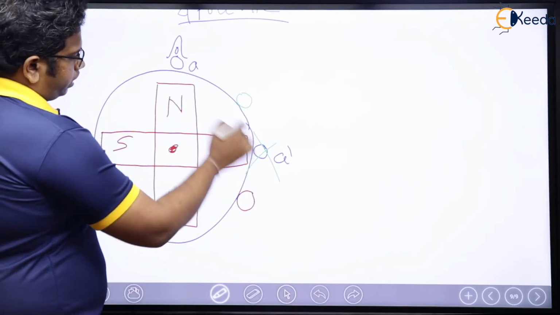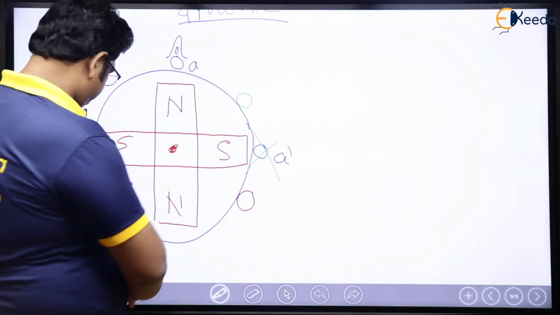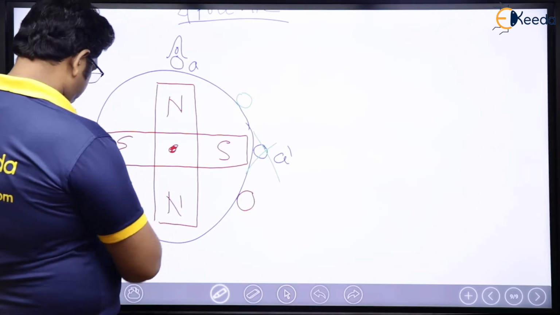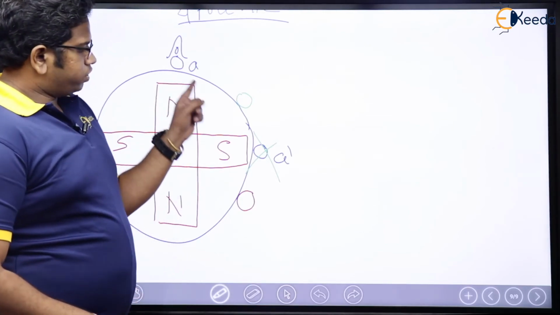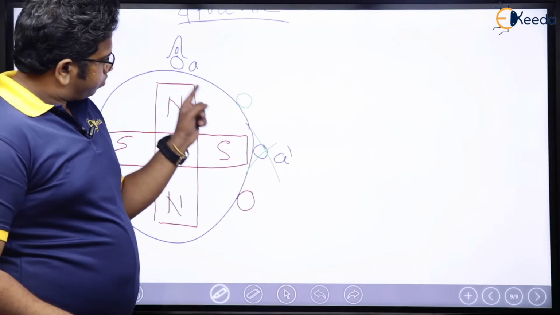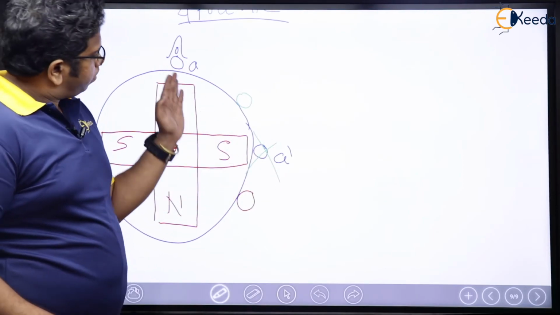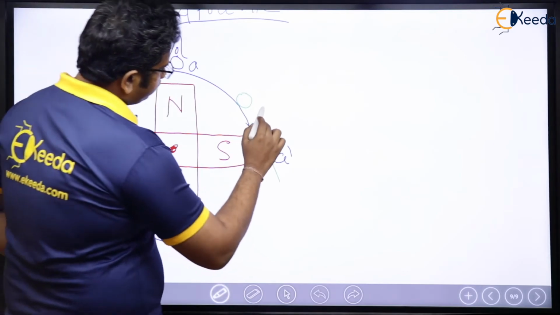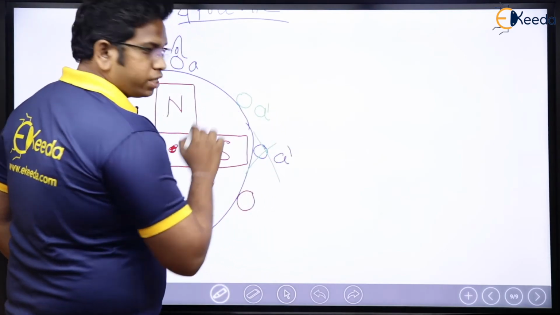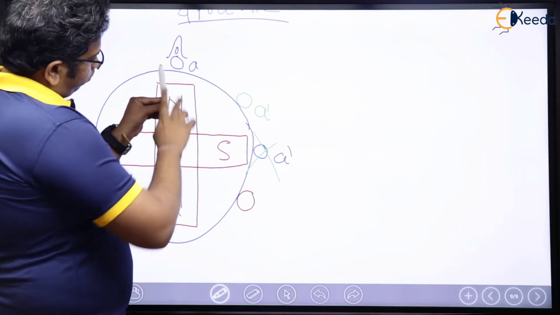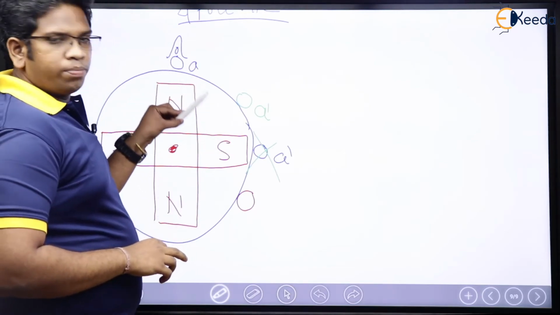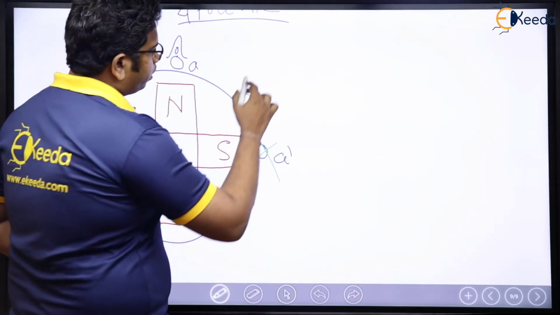If A was here and A dash was here, it would have been called full pitch. But now, since A is here and A dash is here, it has not completed the whole pitch. It has not completed the whole angle. So this is called short pitched.